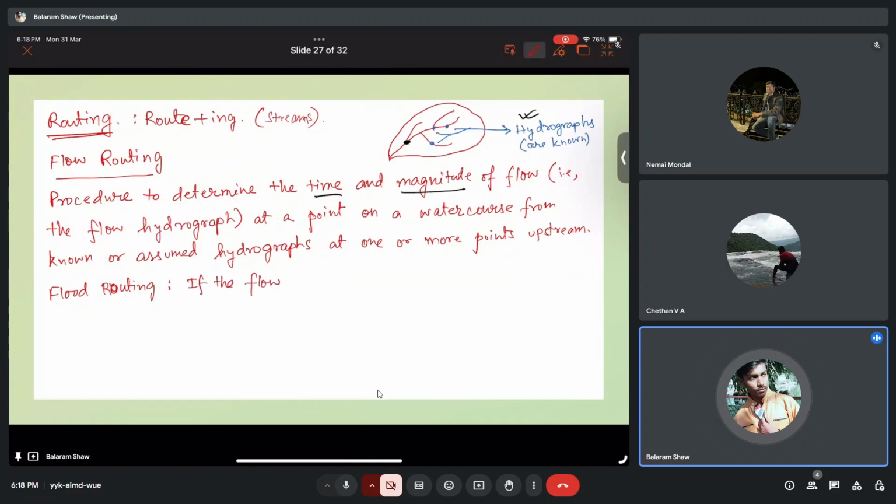If the flow is a flood, then the routing procedure is specifically known as flood routing.